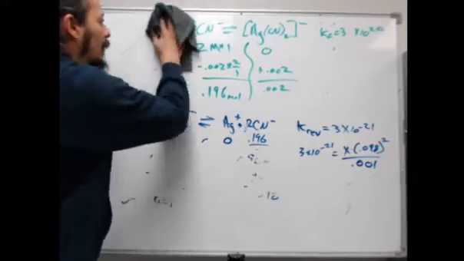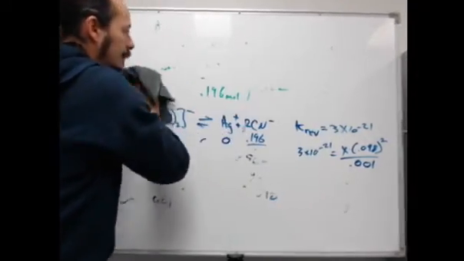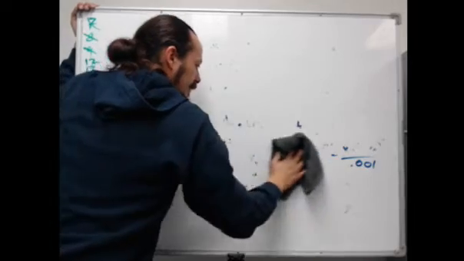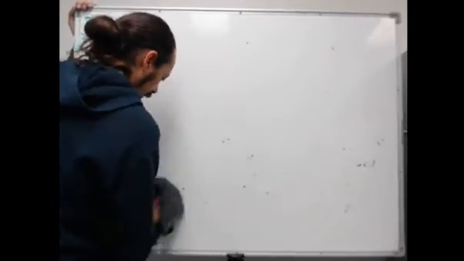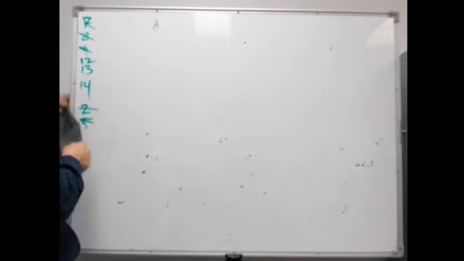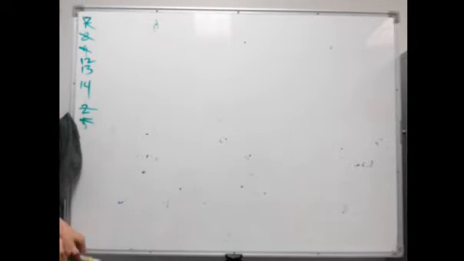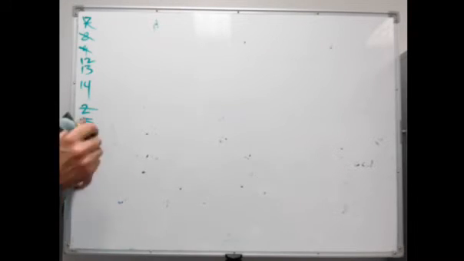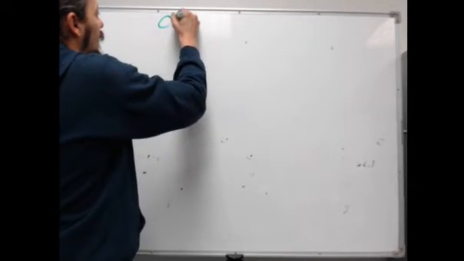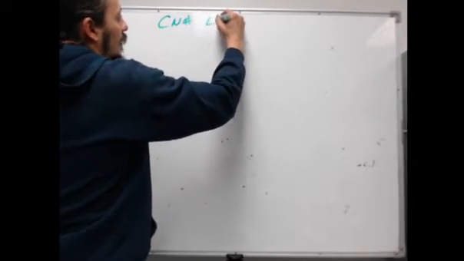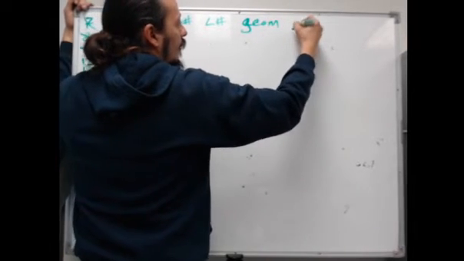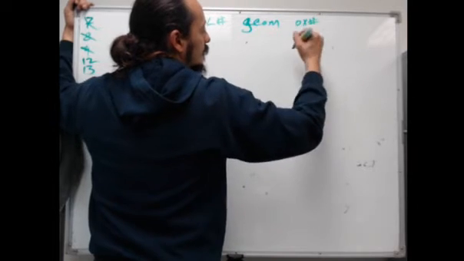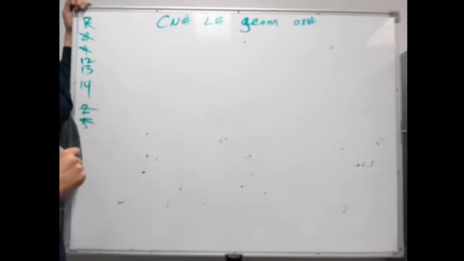Problem 12. Give the coordination number, ligand number, most likely ligand geometry, and oxidation state of the transition metal in each of the following coordination complexes.